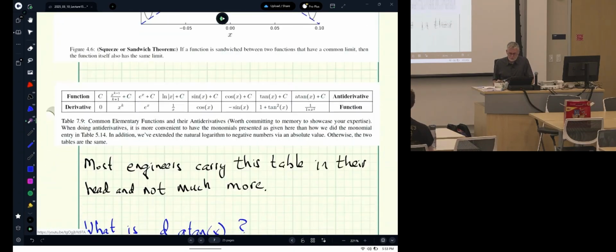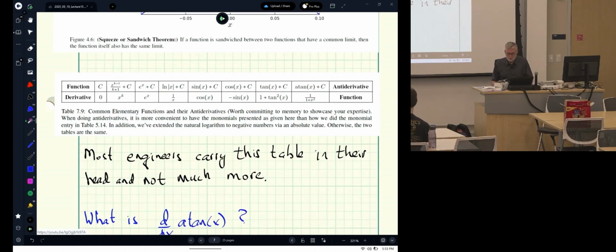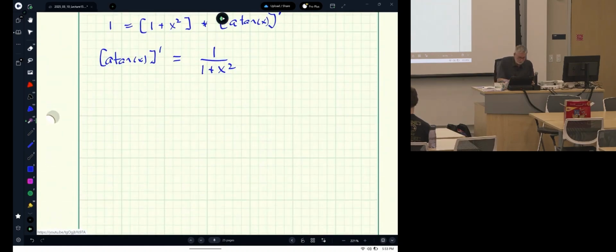Okay, so you can apply the same trick to getting the derivatives of arc cosine, arc sine, all of those other things, they come from the same way. So just homework if you want to.